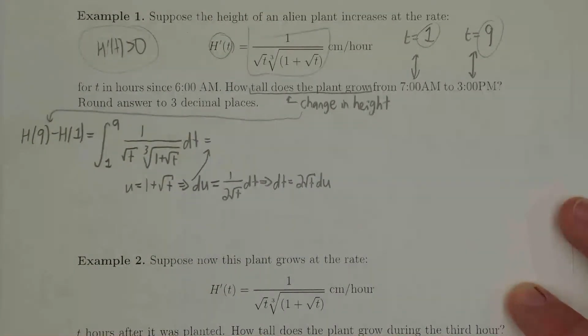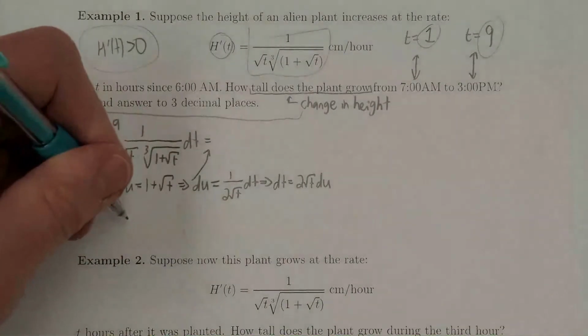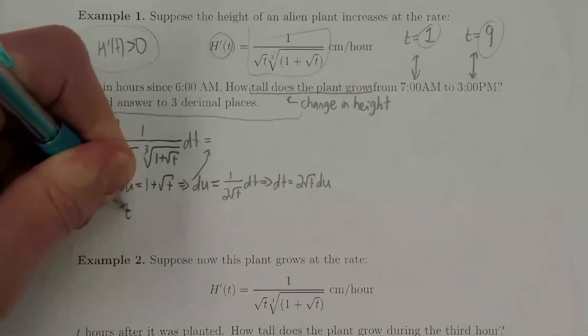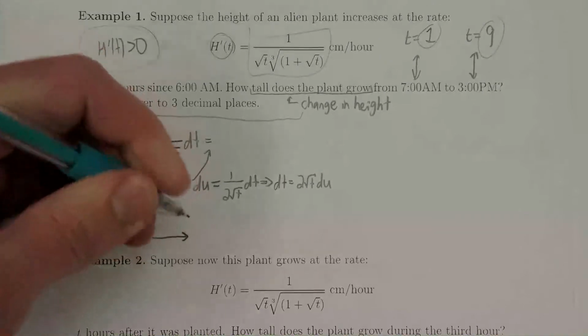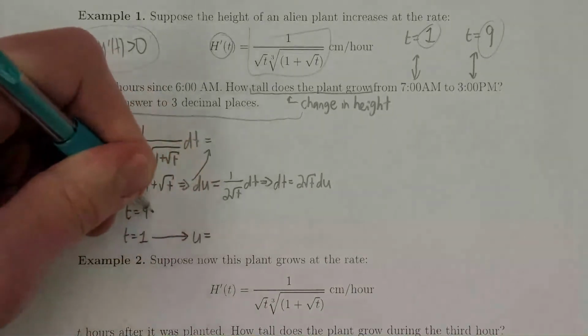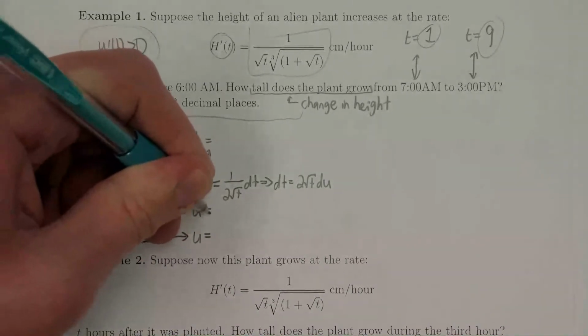Okay? And then also one thing to note here is that because we have a definite integral, we also need to change the bounds accordingly, right? So in this case, if we have t equals 9 and t equals 1, that means we need to have the corresponding u values, which end up equaling what?